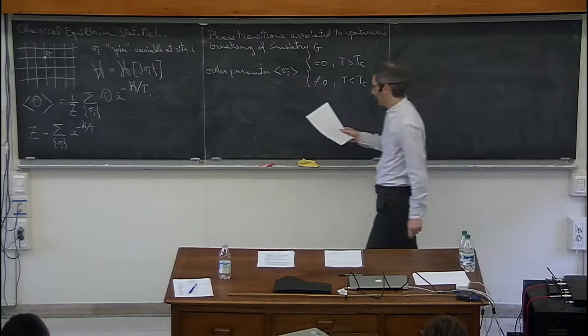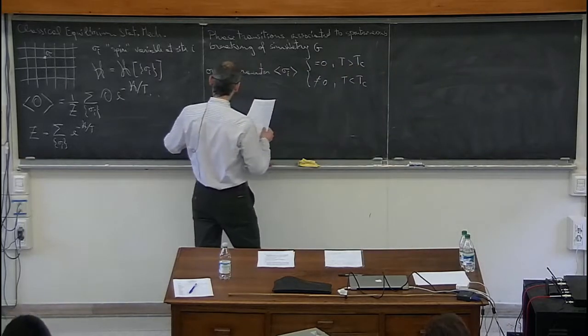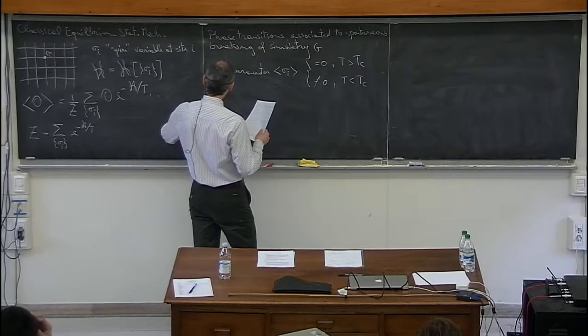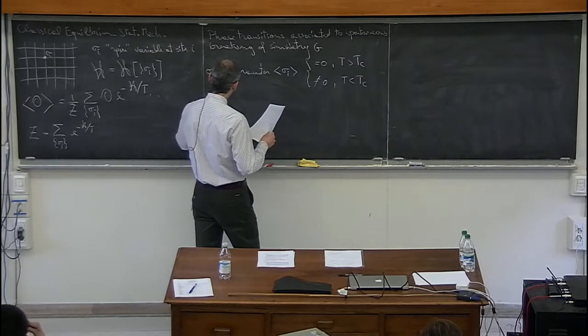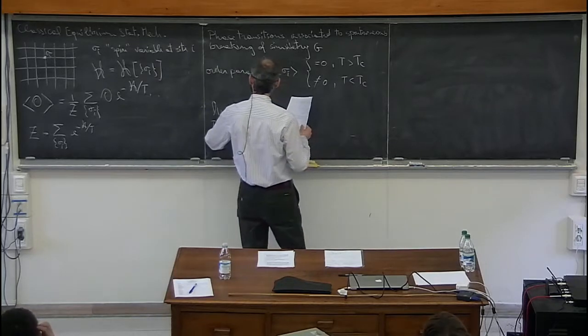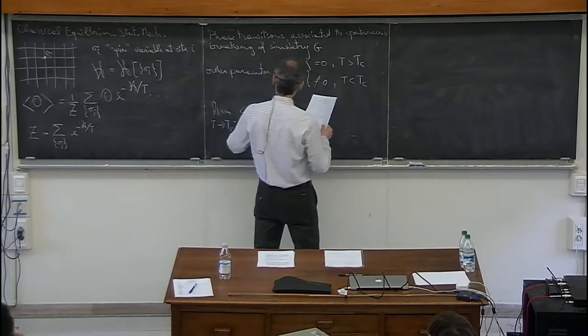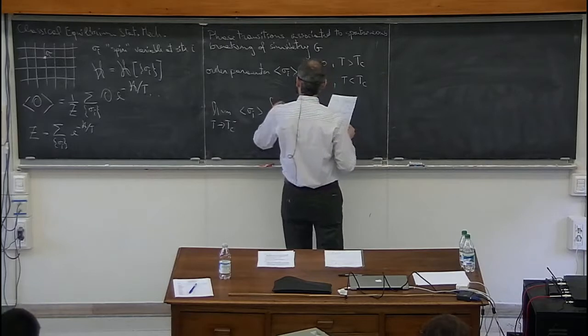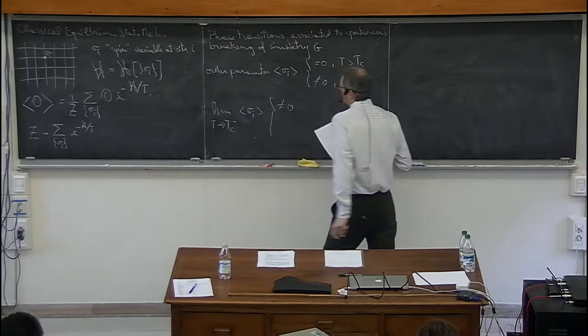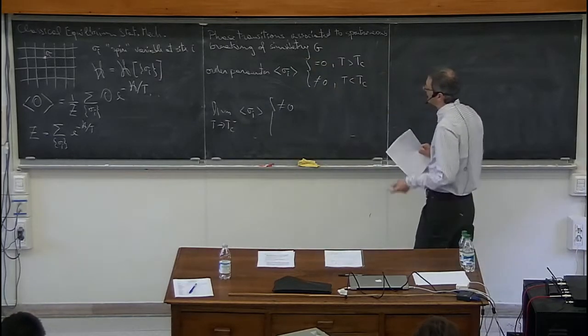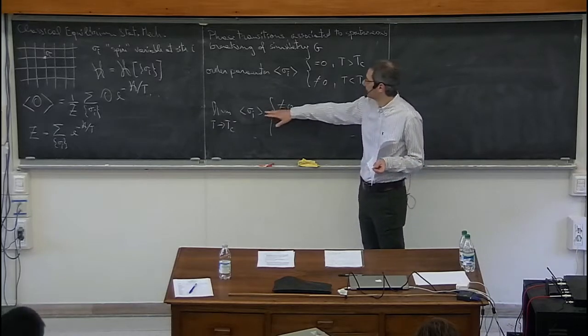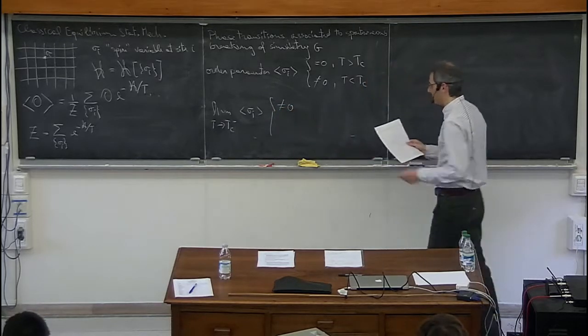Then we will distinguish further two situations. If we go to Tc from below and look at the order parameter, this can be different from 0.